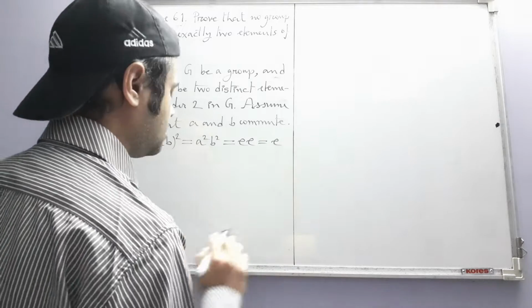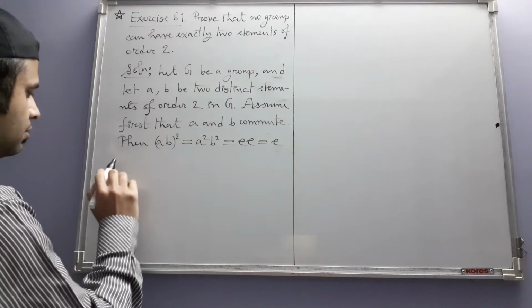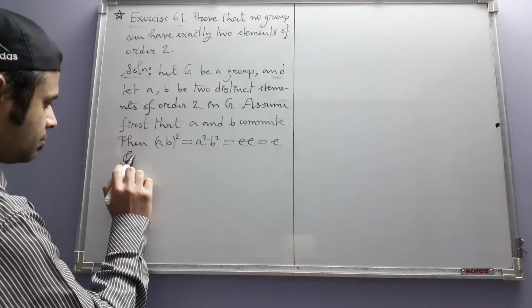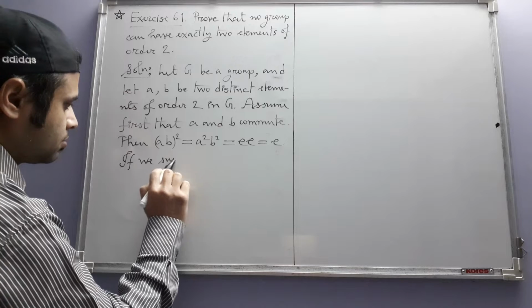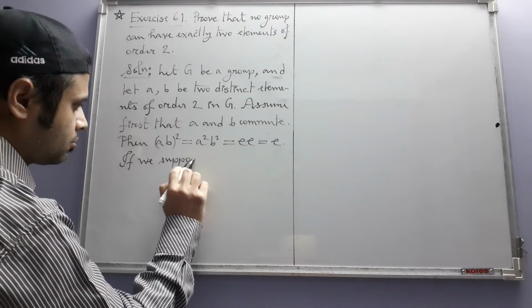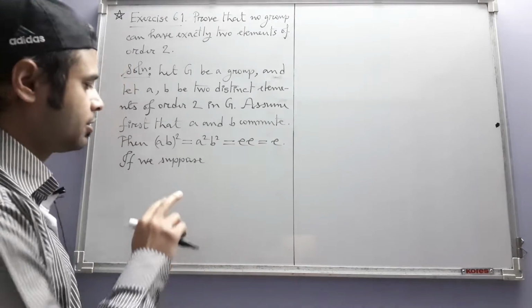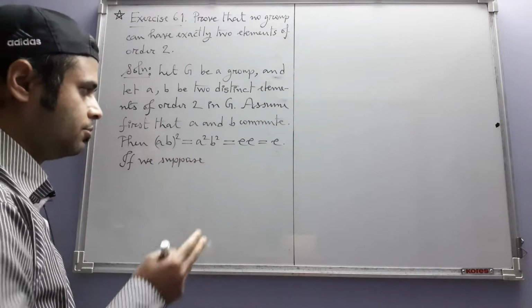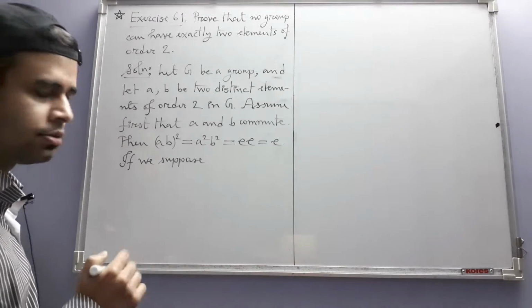So this becomes the identity. This equation itself does not tell us that the order of AB is 2. It only says that the order of AB is either 1 or 2.